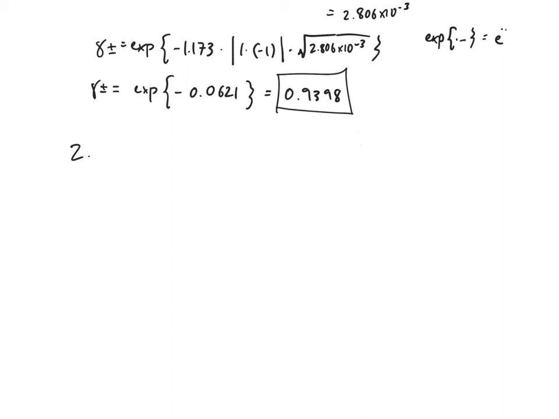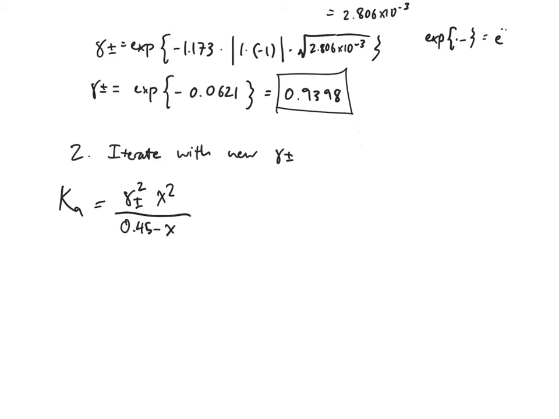So now we get to step 2. We'll iterate, meaning just do the same thing over again, with a new gamma plus minus. So now when we arrange our algebraic equation, we'll get Ka equals this gamma plus minus squared, x squared, over 0.45 minus x. And we're going to plug in our old value for x into there, but then solve for this x squared. So let's go ahead and enter that.